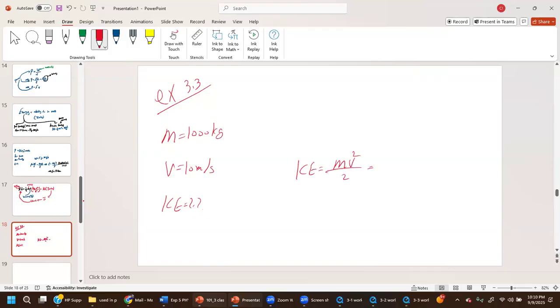And in this case, it'd be 1,000 multiplied by 10 squared, divide that by 2, which is 1,000 times 100, divide that by 2, which is going to equal 50,000 joules, or to make it easier, 50 kilojoules.